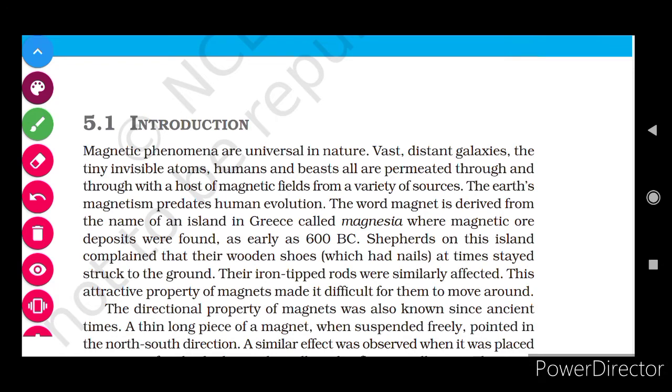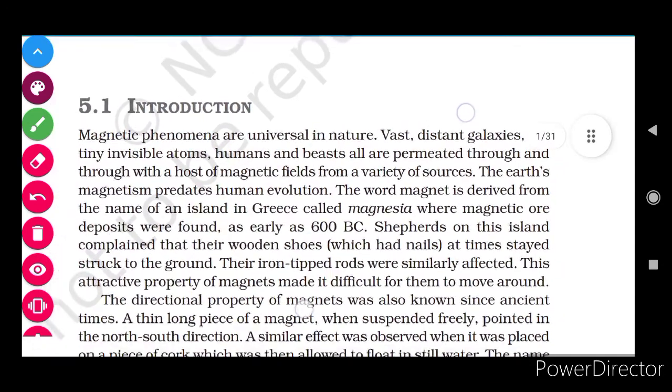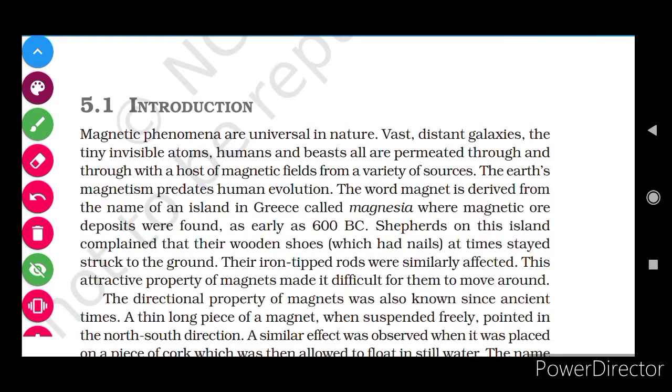So let's start. Magnetic phenomena are universal in nature. It says that there are so many magnetic phenomena present in the universe. Vast distant galaxies, the tiny invisible atoms, humans and beasts, all are permeated through and through with a host of magnetic fields from a variety of sources.